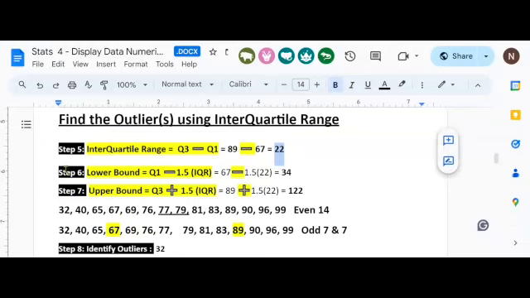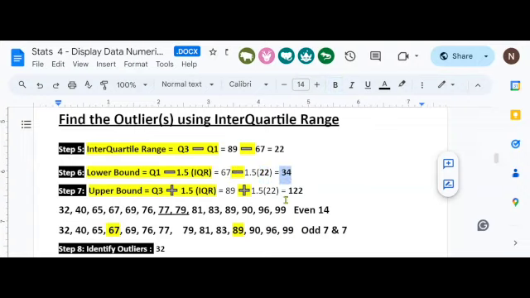So now I'm going to apply the formula. Lower boundary: quartile 1 minus 1.5 times the interquartile range. How much is the interquartile range we calculated? 22. So 1.5 times 22, and 67 minus that.